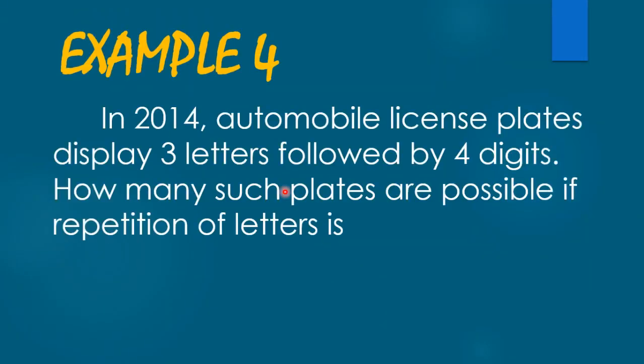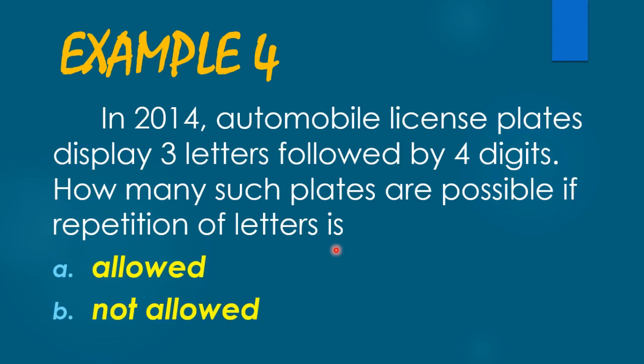Another example, in 2014, automobile license plates display 3 letters followed by 4 digits. So how many such plates are possible if repetition of letters is allowed and not allowed?